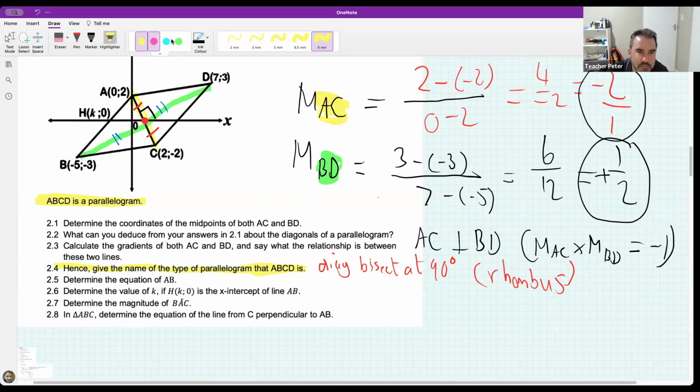Find me the equation of the line AB. Now, where is AB? So determine the equation of the line AB. That is just the line up here. So I want you guys to find me the equation of the pink line.